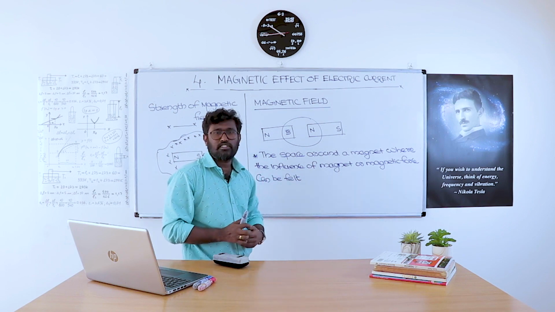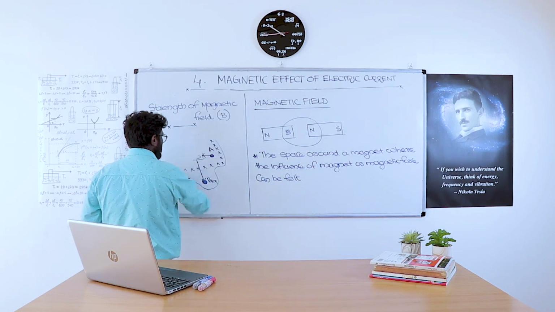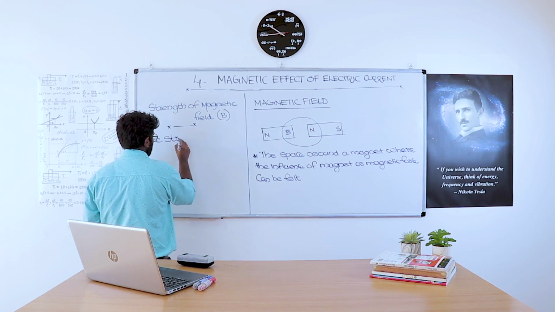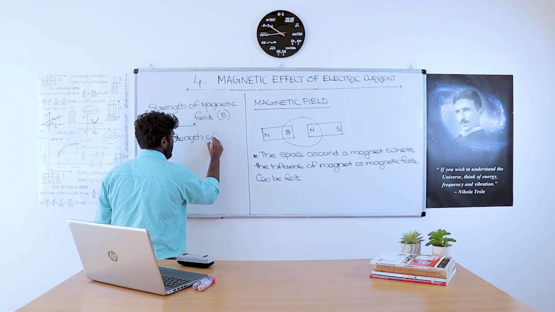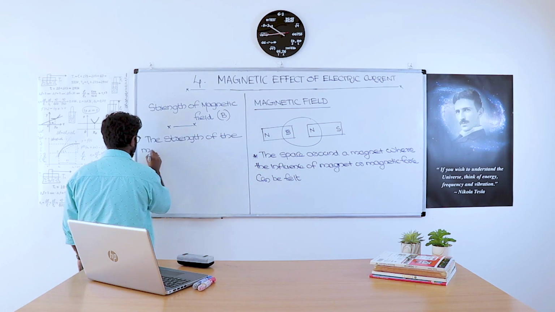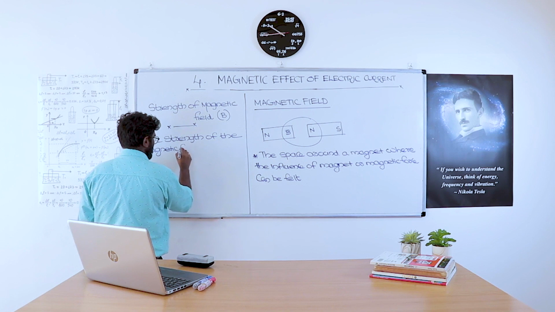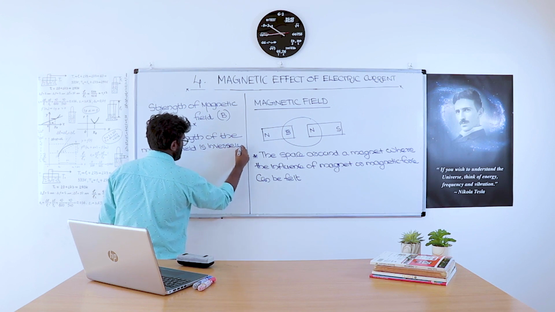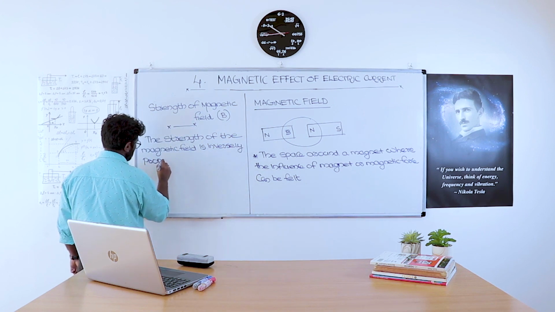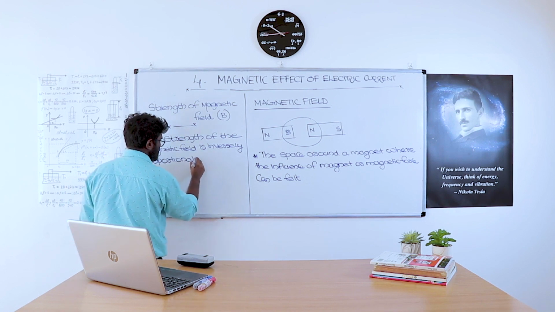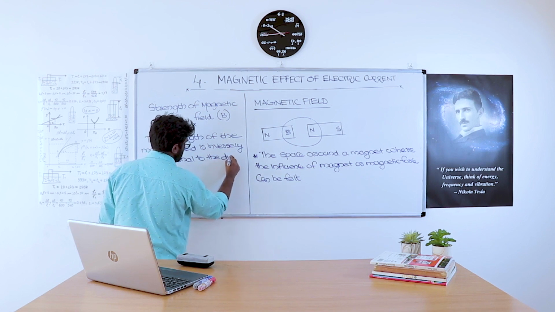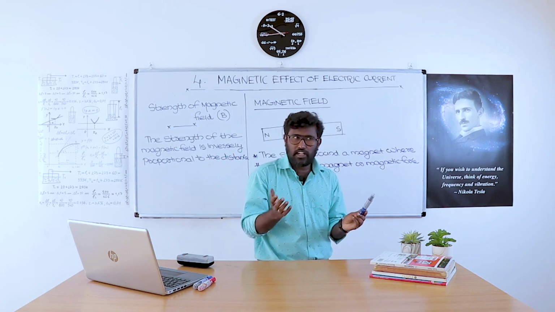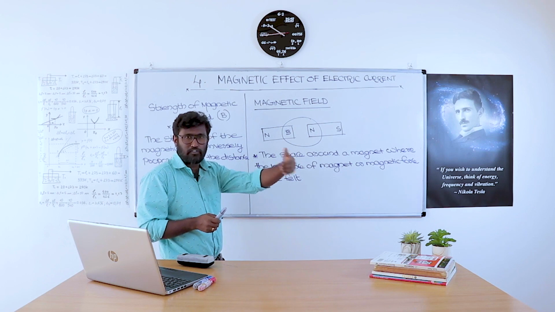So we can state that the strength of the magnetic field is inversely proportional to the distance, which means that whenever the distance increases, the strength of the magnetic field decreases.